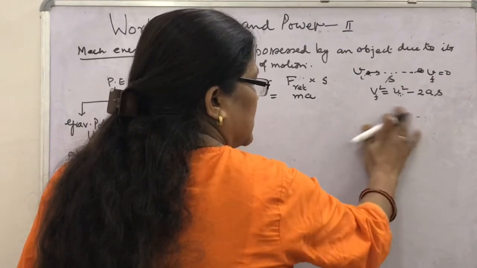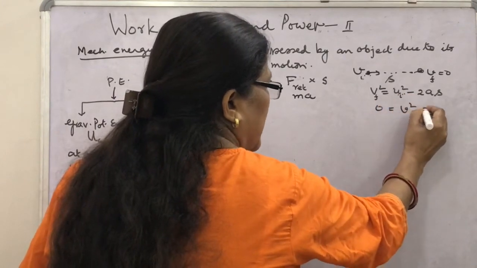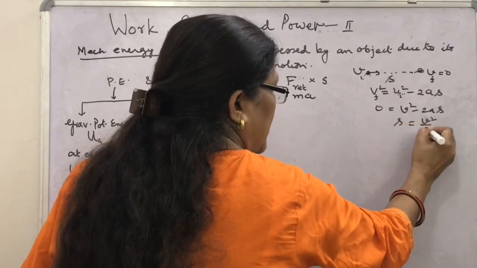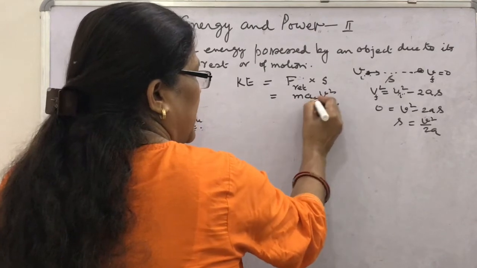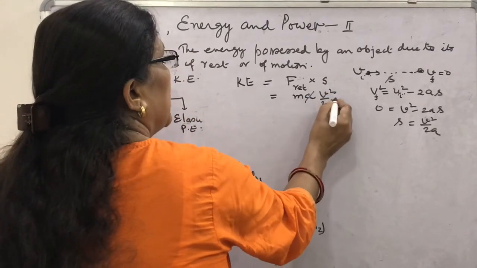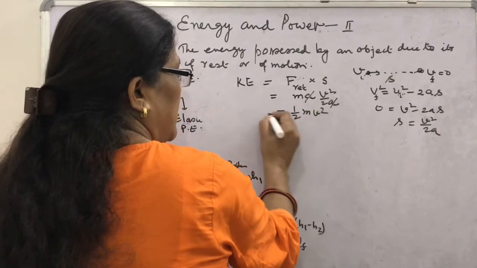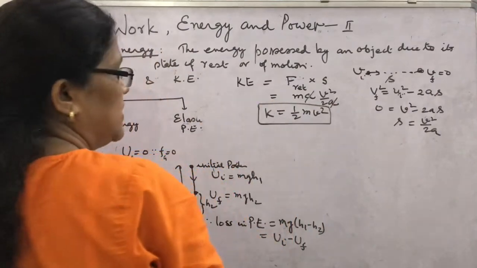How did we get this expression? Look here, 0 equal to v square minus 2as. So s is v square upon 2a. Put here v square upon 2a, and this a and a cancel. What is the expression for kinetic energy? Half mv square. So this is the kinetic energy.